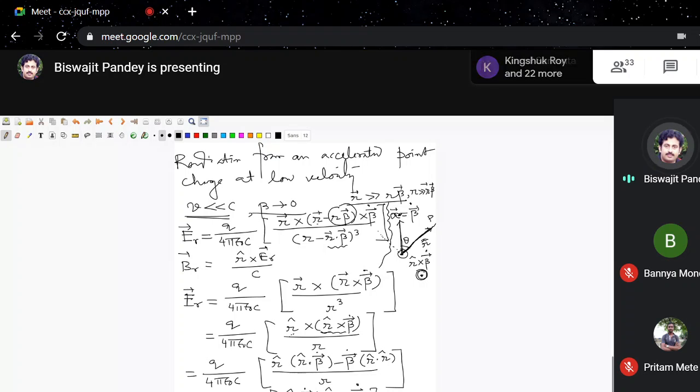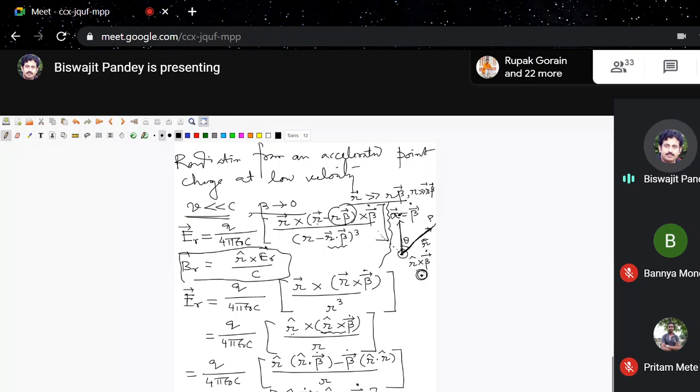Now you see, I don't need to calculate the magnetic field separately, because what is the Poynting vector? Do you remember, S is 1 over mu 0 times E cross B. If I take E cross B, again you see B is known to us in terms of E, what do we know? So what did we write earlier for B? This is B. So let us put it here.